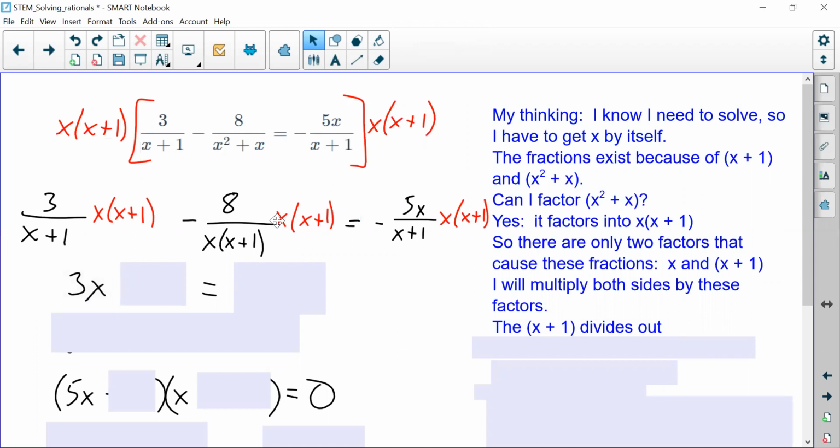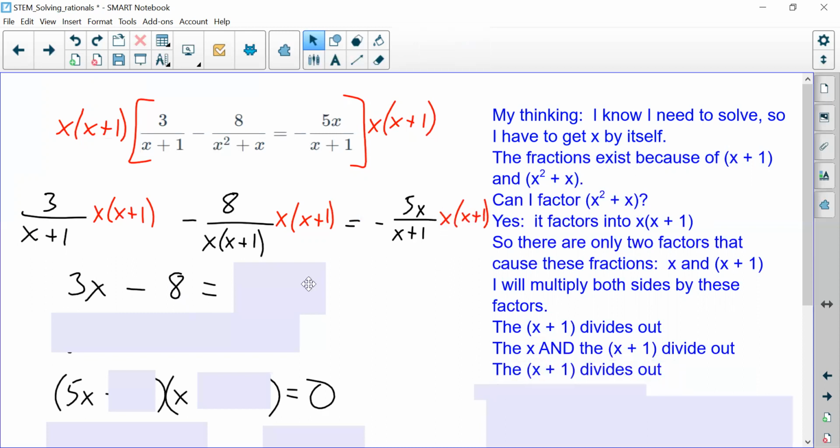Here, negative 8 is being divided by x and by x plus 1, but I'm multiplying by x and x plus 1. So they both divide out, leaving me with just negative 8. Here, only the x plus 1 divides out, leaving me with negative 5x times x, which is negative 5x squared.